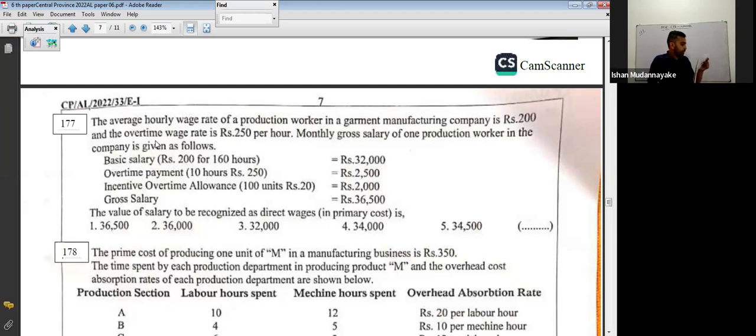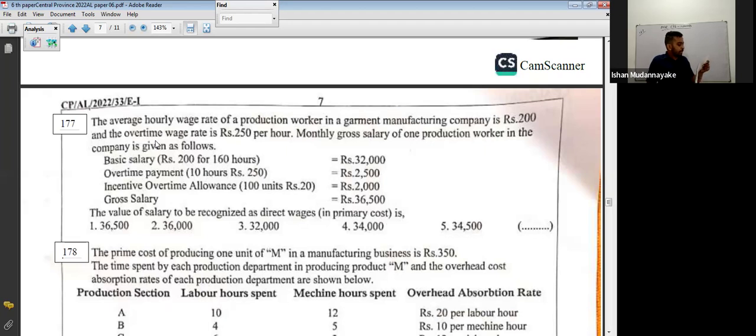Overtime payment 10 hours, 250 into 10, 2,500. Incentive overtime allowances 100 units at 20 rupees, 2,000. Gross salary 36,500.